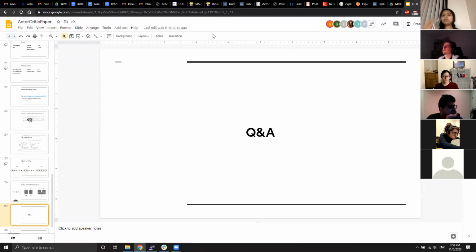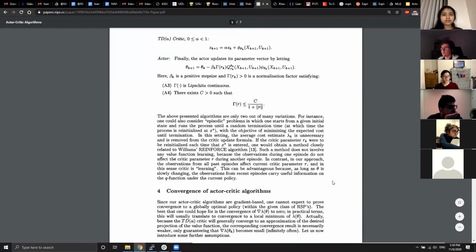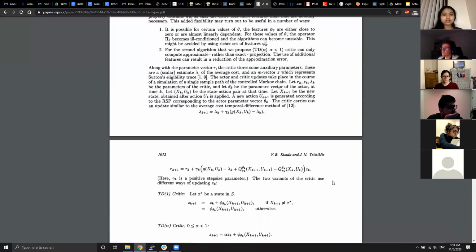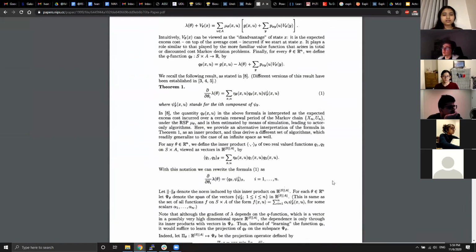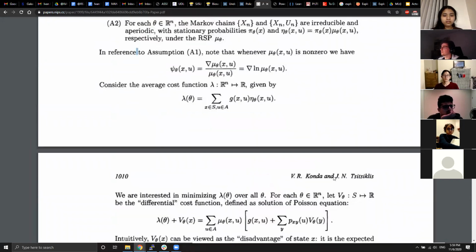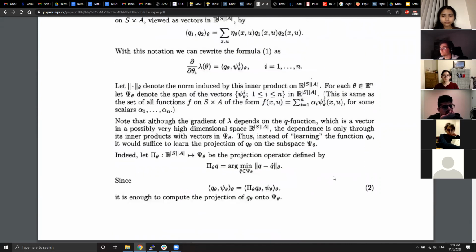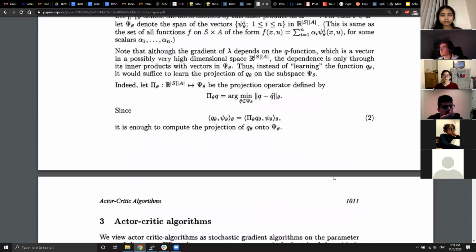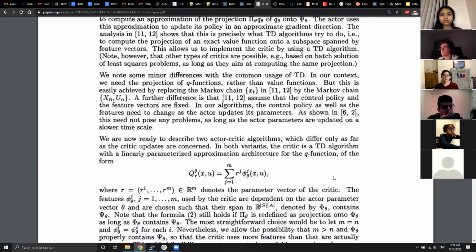Let's look at it. So it says, we note some minor differences, and it's in the last sentence where they bring it up. Not 100% sure. Yeah, you just passed the page. It's the next page. Yeah, this one. It's the second paragraph.